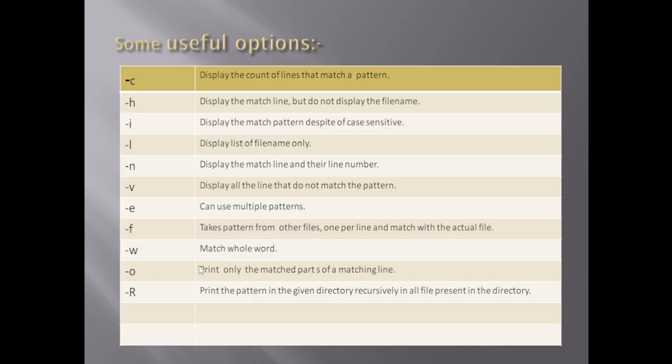Now my next option is -e. It can use multiple patterns. Multiple patterns means if I need to provide different patterns in a single command, in that case we need to use -e.